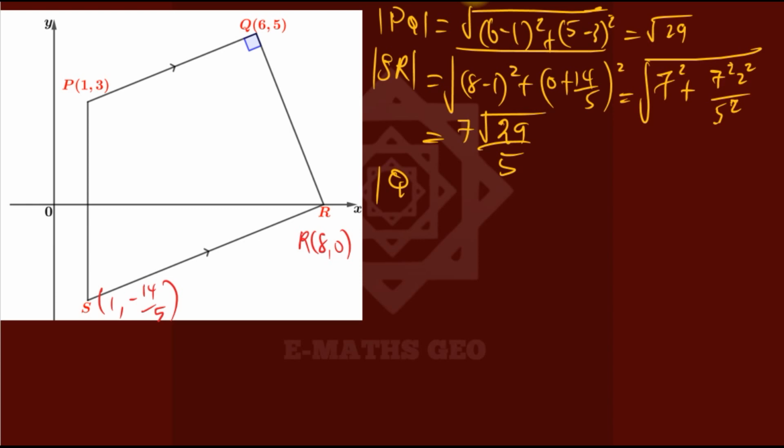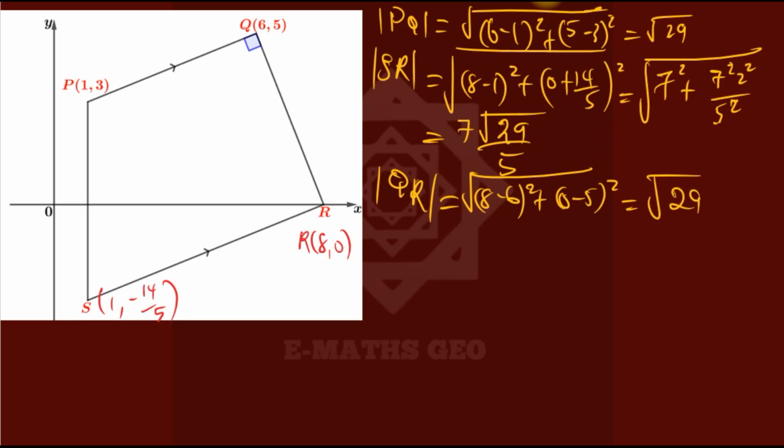For QR, we still apply the distance formula, which is the square root of (8 minus 6) all squared plus (0 minus 5) all squared, which is the square root of 4 plus 25, which is 29. So we've gotten what we need for the area.